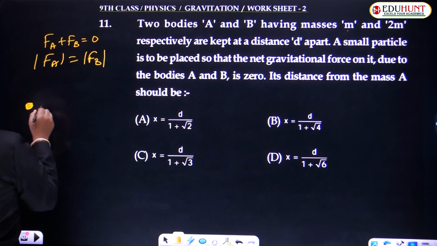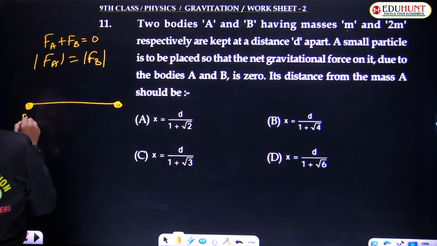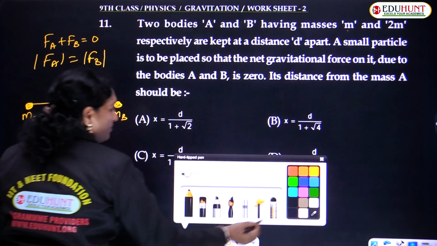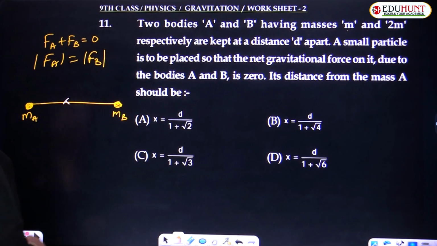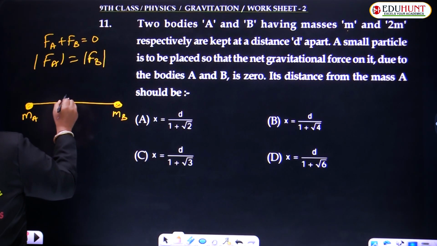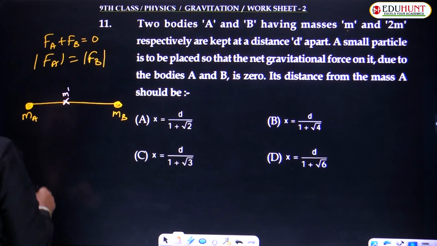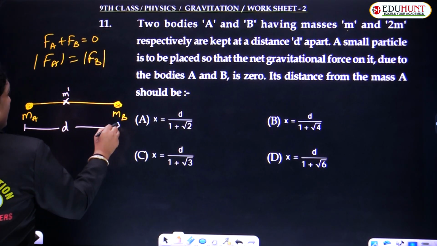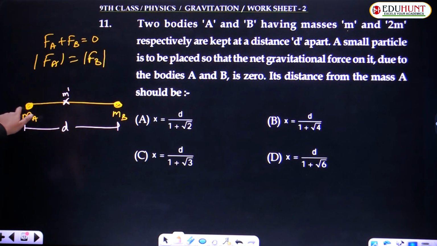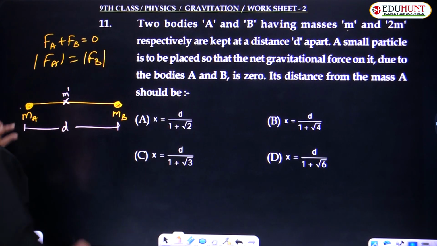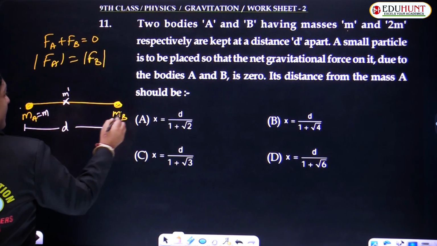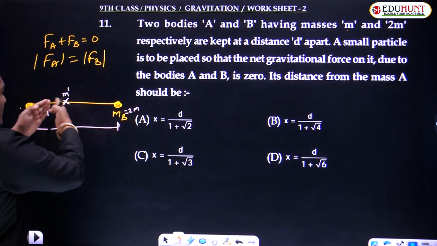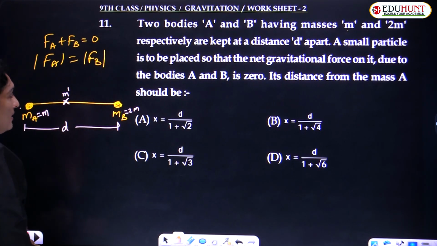Let us picturize this. Let this be the mass of the first body A and the mass of the second body. And one more body we have to consider: a small particle. I consider this small particle mass as some m dash. The distance between the two is given as d. Two bodies A and B having masses m and 2m respectively are kept at a distance d apart.